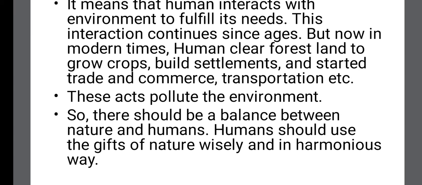This chapter also aims to inculcate the habit of expressing gratitude towards nature, and to realize that their job is not only to exploit nature but to use it very wisely and in a harmonious way to maintain a balance.